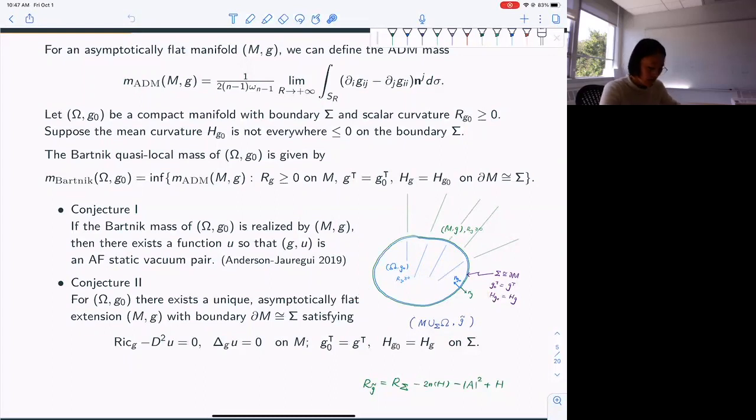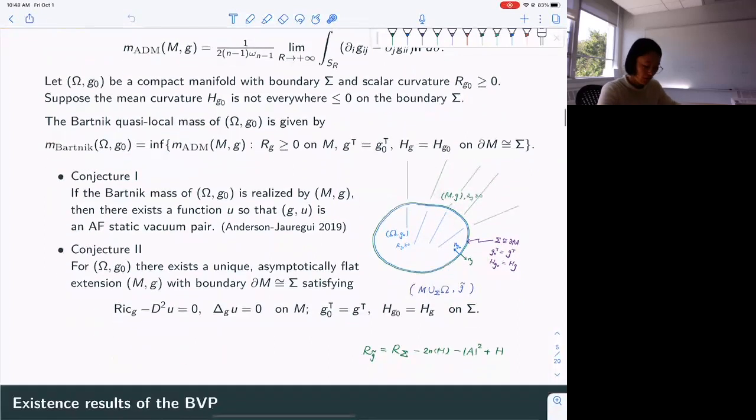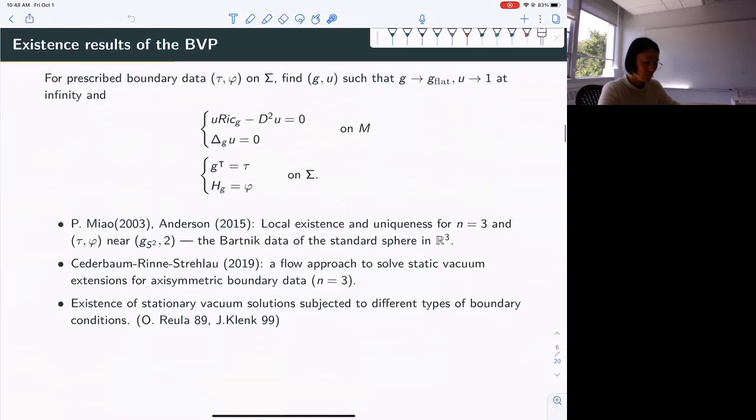Okay, so here we have the boundary value problem, and we want to study the existence of solutions to this boundary value problem. So we have prescribed data tau and phi on the boundary manifold Sigma. You can think of tau as a Riemannian metric, and phi is a scalar field on Sigma.